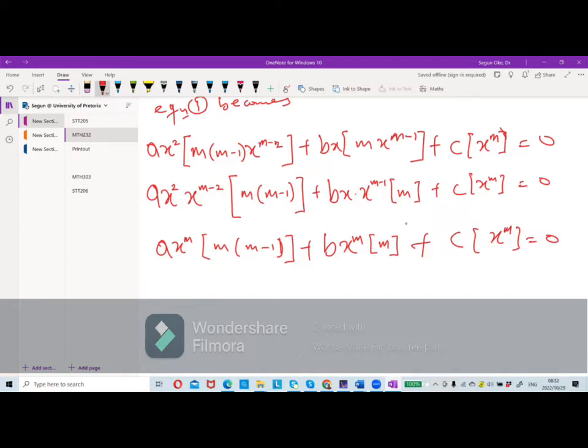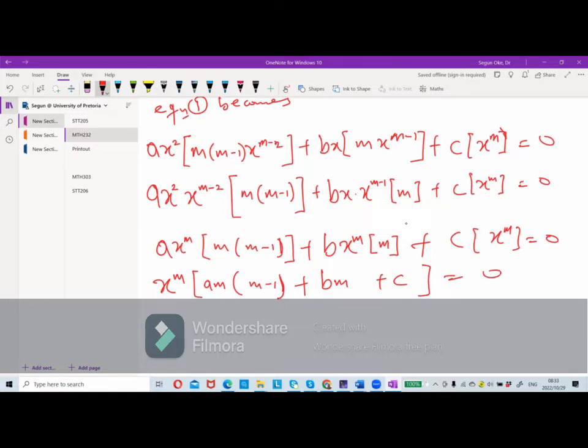So what is common to them? I can get s^m all through, right? I can factorize my s^m out. Factorizing my s^m out, I'm going to have s^m, and I can take my a into this one, plus bm, plus c equals 0.